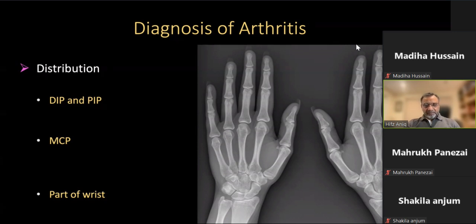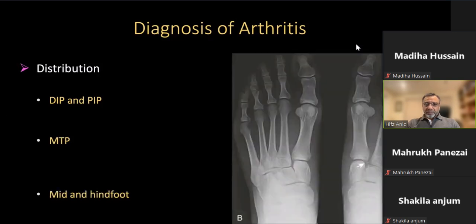So in the hand, there are more than 20 joints on one side. So what you have to do is magnify it, if you're looking at X-rays or hard films, so that you're not missing any subtle erosion or subtle abnormality. And then we look at the phalangeal joints and characterize.